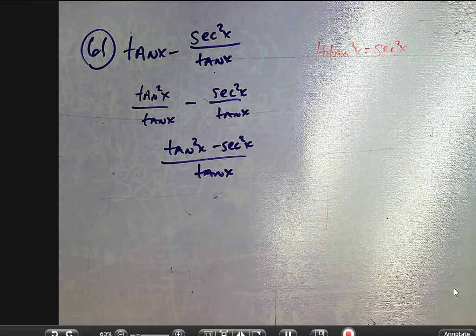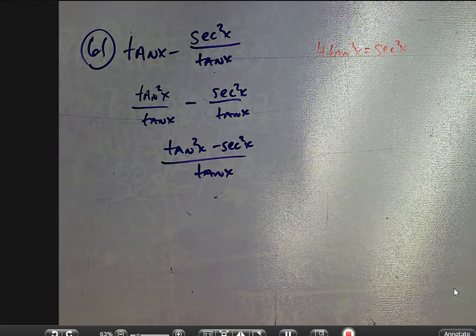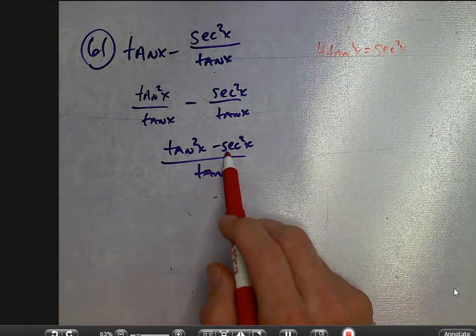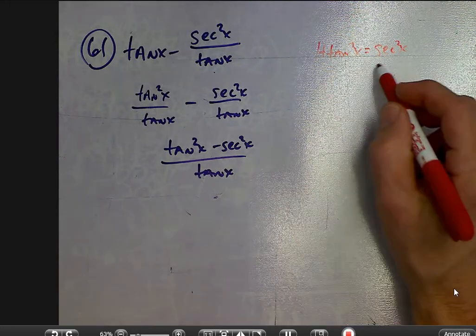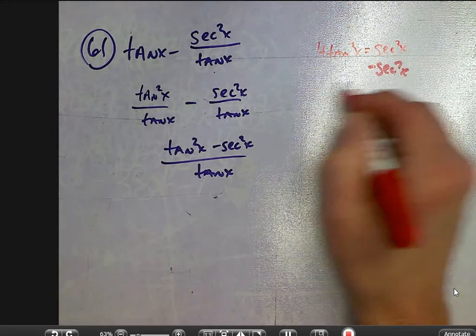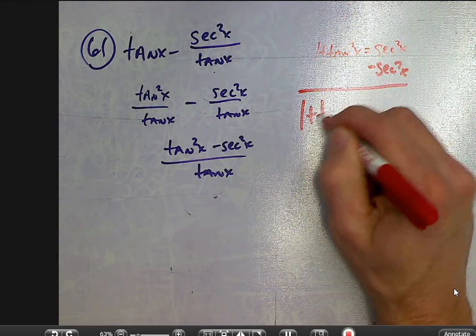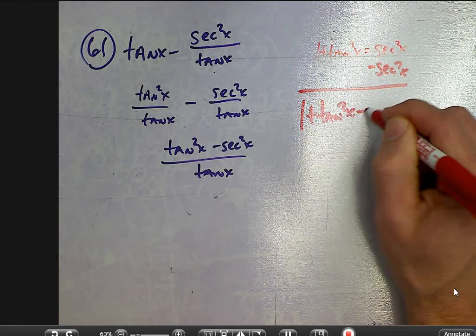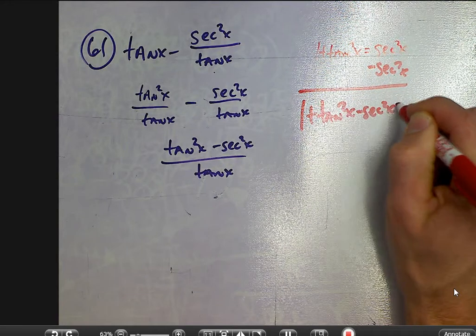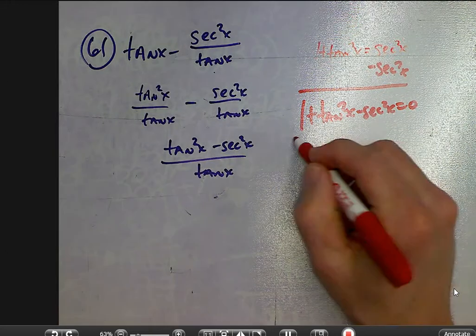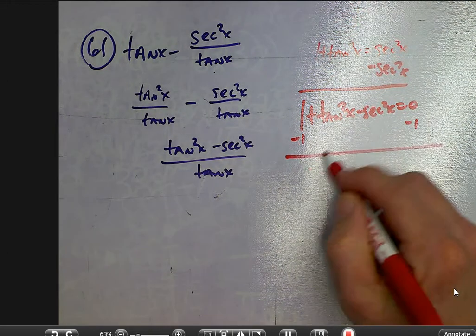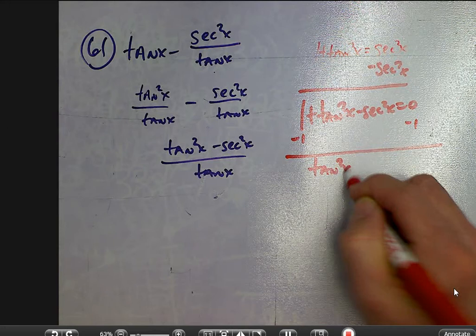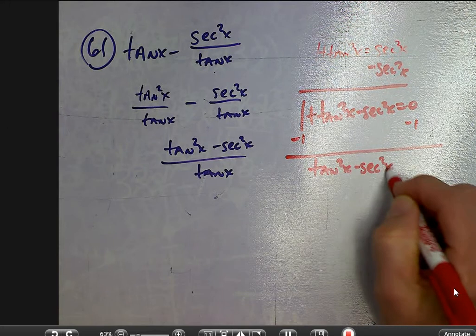Now, how does that help us out, or does it help us out at all, is the question. Well, what I notice is that this says tangent squared minus secant squared, so if I subtract the secant squared x from both sides, I get 1 plus tangent squared x minus secant squared x equals 0. And if I subtract 1 from both sides, that'll give me tangent squared x minus secant squared x equal to negative 1.